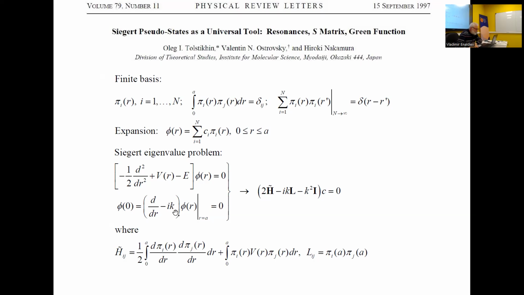Due to this boundary condition, this surface term is proportional to ik. So in matrix form, which incorporates this boundary condition, the equation for the coefficients in the expansion takes this form. Here, H with tilde is the hermitized Hamiltonian, L is a matrix given by surface amplitudes of the basis functions, and this is the unity matrix.